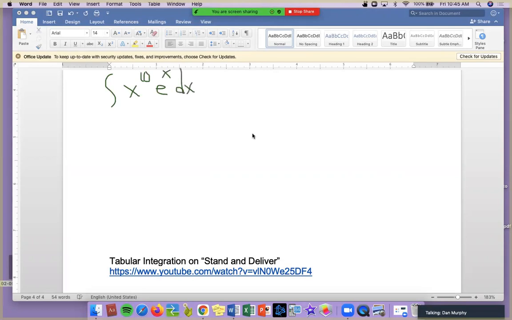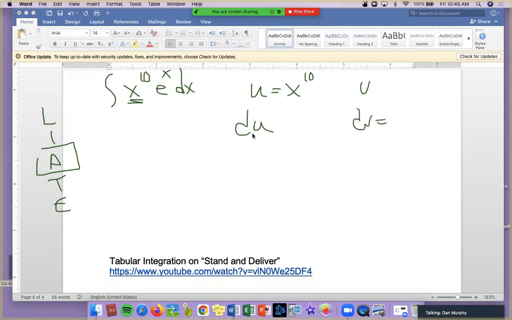Using logarithms, inverse trig, algebraic, trig, and exponential, this is a candidate where you would use the algebraic term as your u, and your first iteration would be u equals x to the 10th, and the dv would be e to the x dx, and you'd have du equals 10x to the 9th dx, and v would be e to the x.